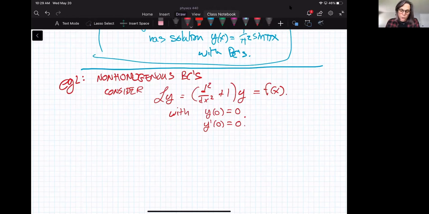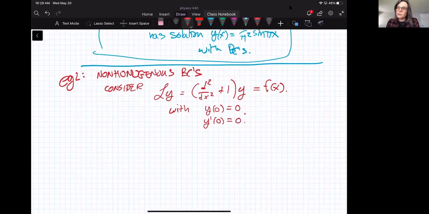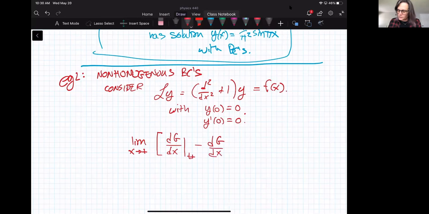And the reason why I bring this up is because if you look at the development of Green's function, there's a discontinuity in the solution and in Green's function, such that in the limit as x approaches t, we have dg dx from t plus minus dg dx from t minus goes to 1 over p.